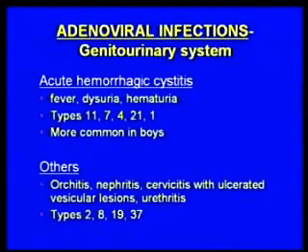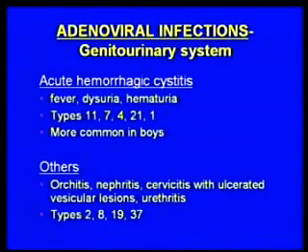It's quite alarming. There's actually frank red blood in the urine. And this is caused by types 11, 7, and 21, and it probably has to do with the fact that the adenoviral infection is causing hemorrhages in the genitourinary tract. And other spectrum of involvement includes orchitis, pretty much a lot of different involvement.